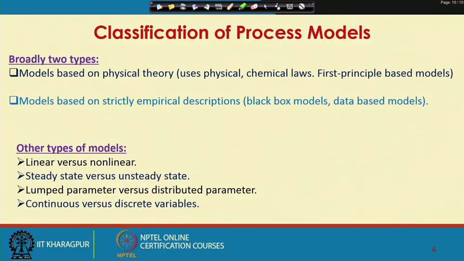Next, lumped parameter versus distributed parameter models. Lumped parameter models do not consider the spatial variation of the state or property of the system, whereas distributed parameter models consider the variation of the state or properties of the system in space. Consider the temperature distribution of a slab.